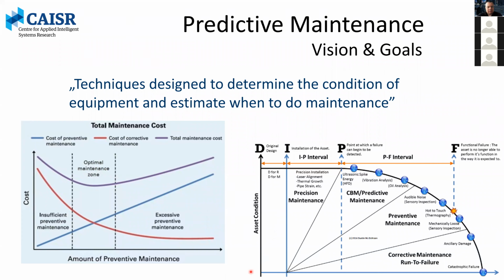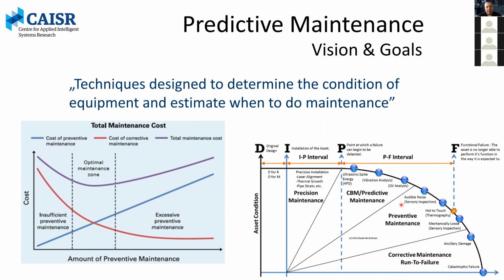But then you can also look at how things change depending on your asset condition. When you deploy or build new equipment, generally it's in a pretty good state. But of course, there are things that vary depending on the installation and so on, so not every piece of equipment starts in exactly the same condition.